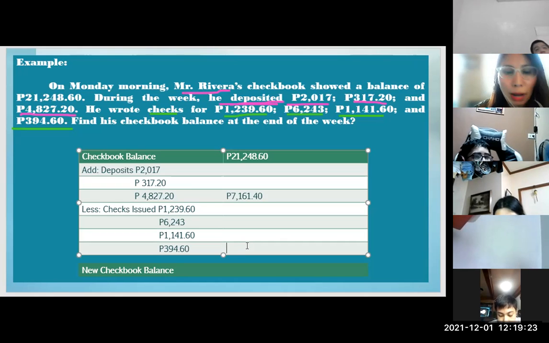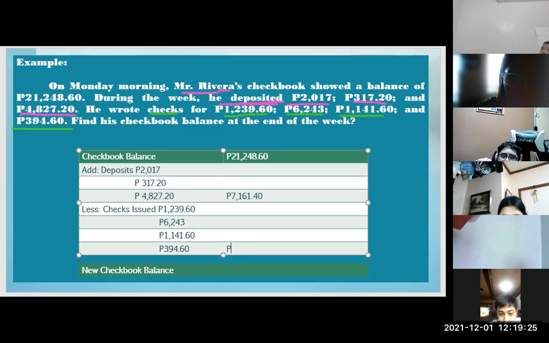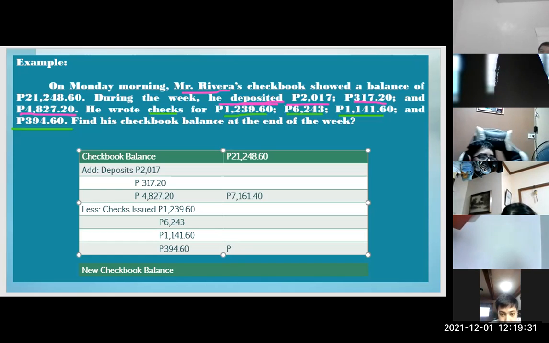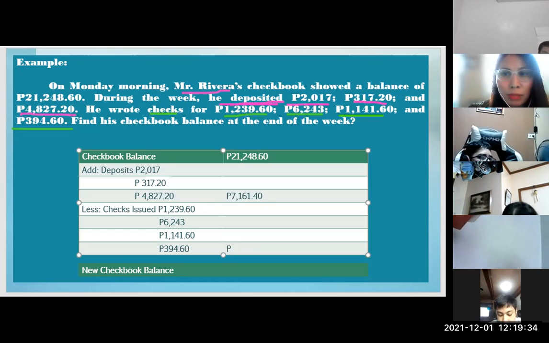MJ, what's the total amount? MJ, what's the total amount ng ating check? So, you just have to compute lahat ito. Wait lang po. Sige po.